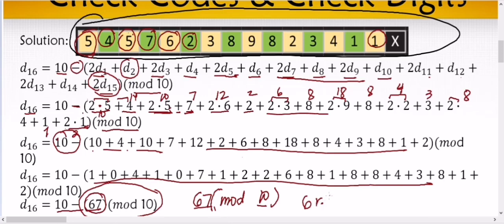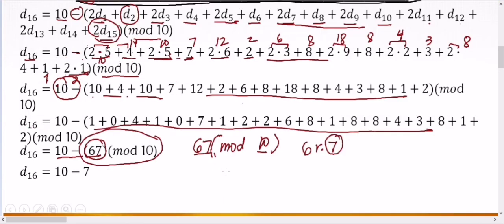Ilan yung matitira? There would be a remainder of 7. Okay, so 67 modulo 10 is equal to 7. So 10 minus 7 is equal to 3. So the last digit or the check digit is 3. This is what we call the check digit.